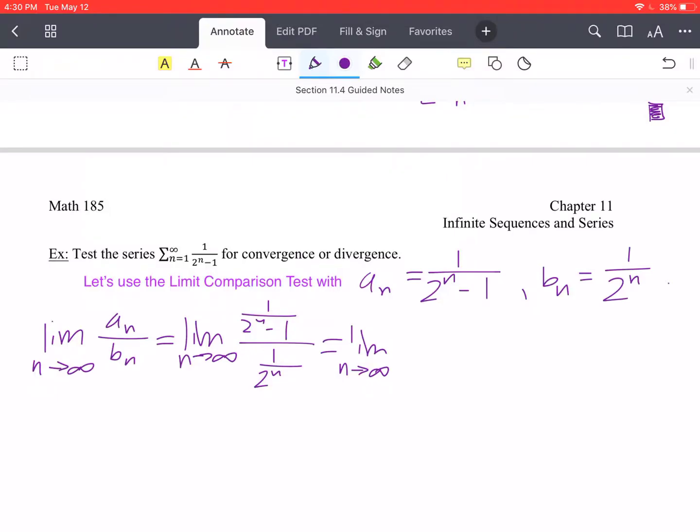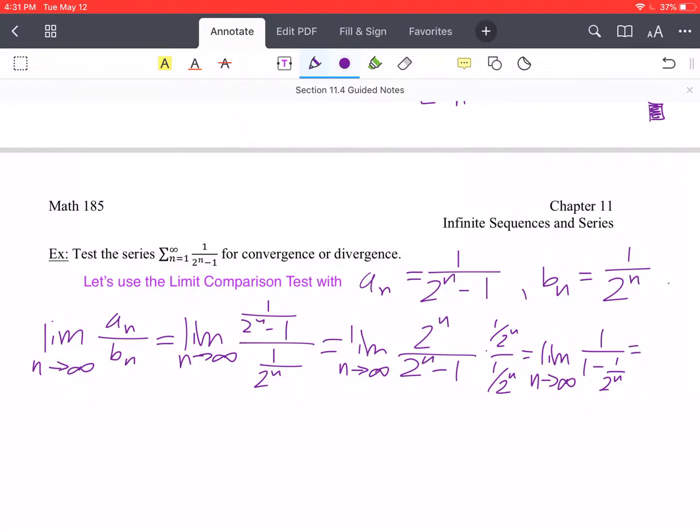We get the limit of 2 to the n over 2 to the n minus 1. Go ahead and multiply by 1 over 2 to the n to the top and bottom, right? Just again, our algebraic tricks for working with limits. So this becomes the limit as n approaches infinity of 1 over 1 minus 1 over 2 to the n.